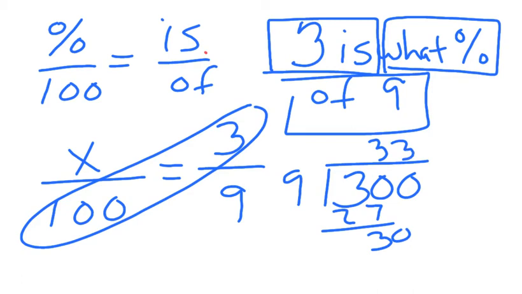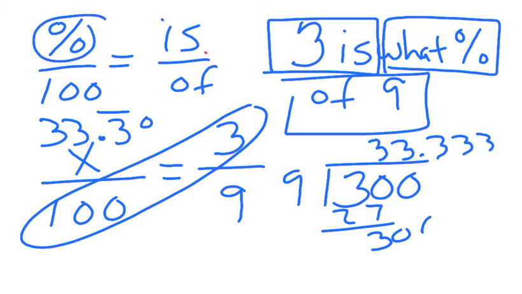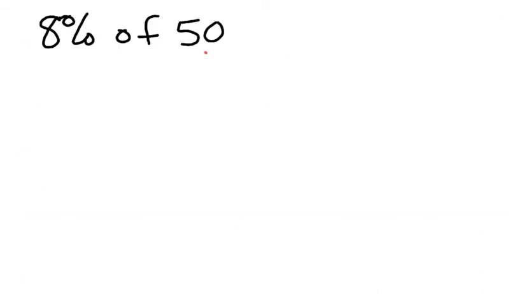It's going to repeat, isn't it? It's going to keep going. And since it's a repeater, go ahead and put the line over it. And remember, when x is in the percent spot, there's a percent sign. So there's the answer to that one.